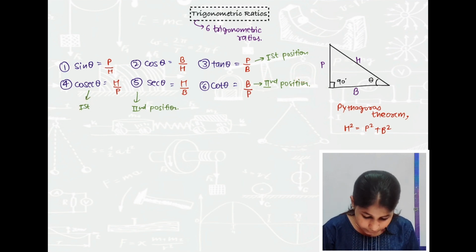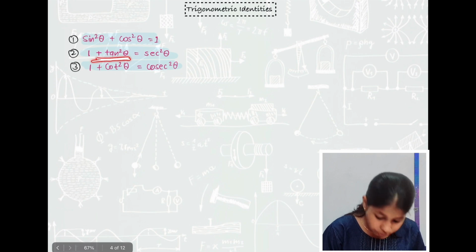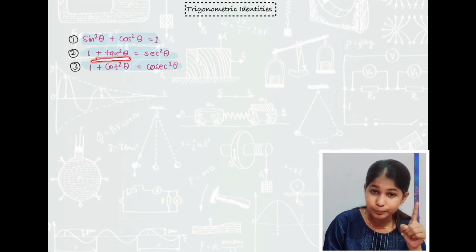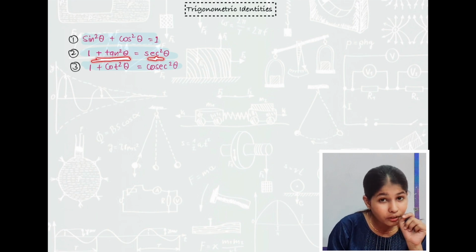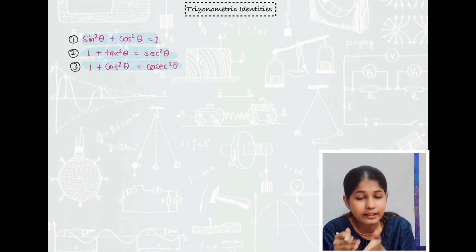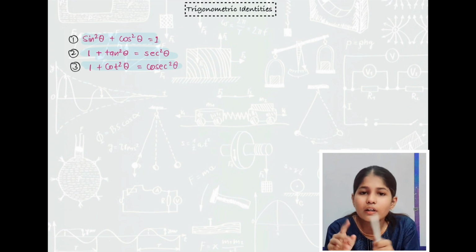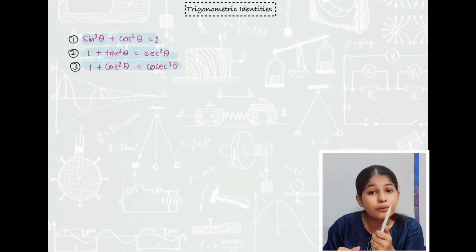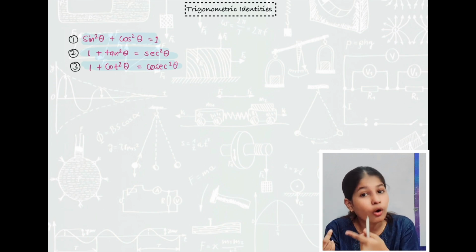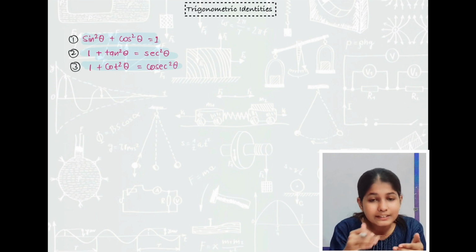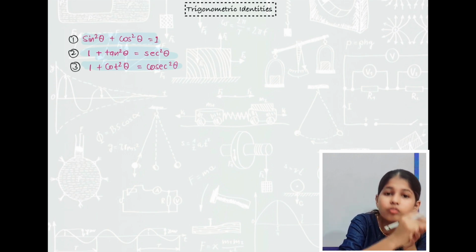Here we see 1 plus tan square theta. For tan, which is at first position, sec is at second position. And how will you learn that sec is at second position? Because sec is the reciprocal of cos square theta.